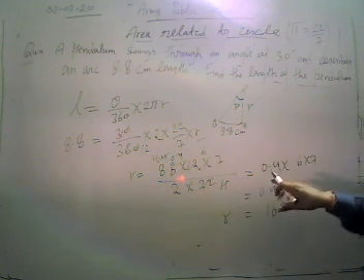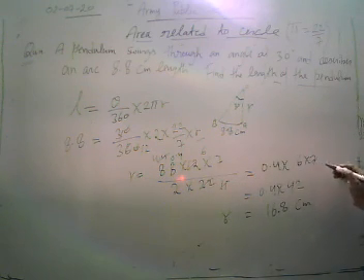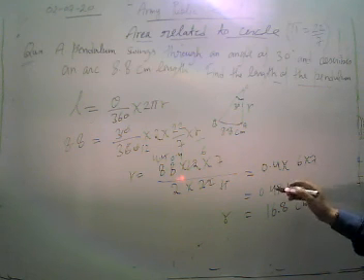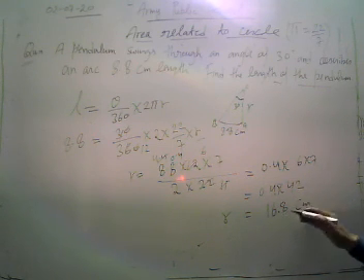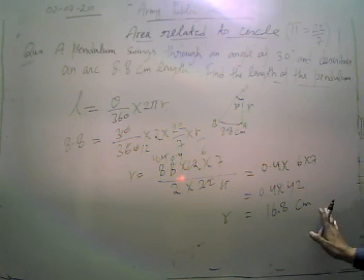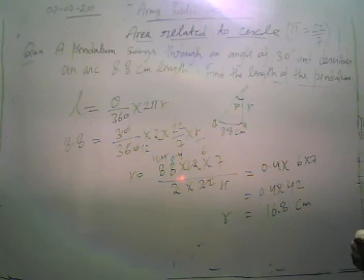After solving, we get 0.4 into 6 into 7, then 0.4 into 42. Then our radius is 16.8 centimeter. This is a basic problem we have taken today to solve.